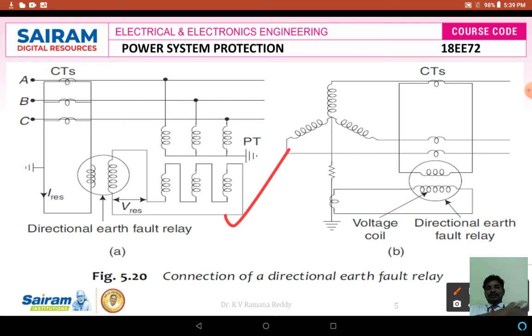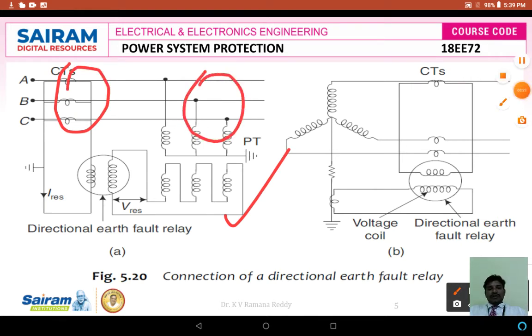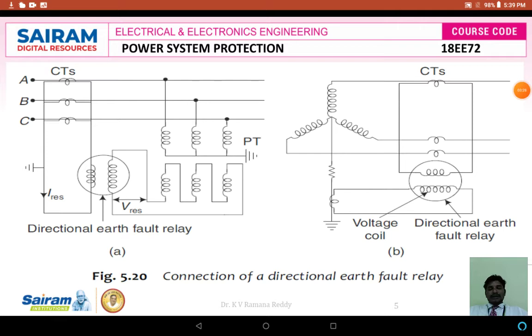One set is called the current coil, and the other set is called the voltage coil, where we take the reference actuating quantities in a three-phase system, like voltage and current. The fault current here I am going to call the residual current, represented as IRES, and the fault voltage is called the residual voltage, represented as VRES.